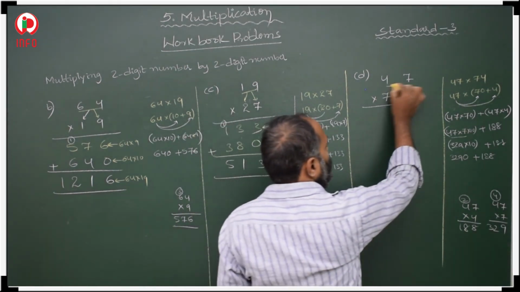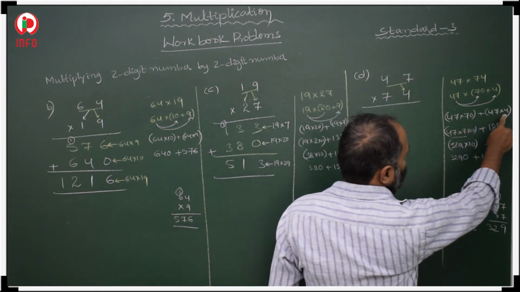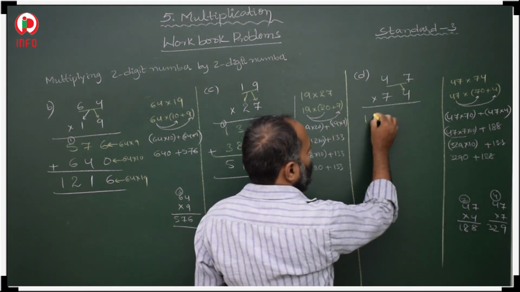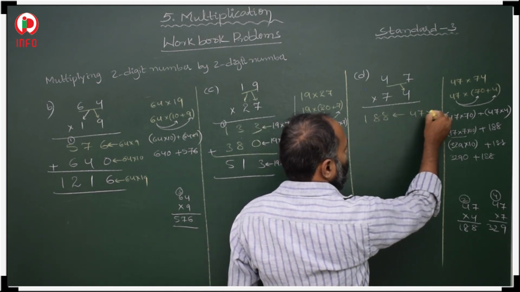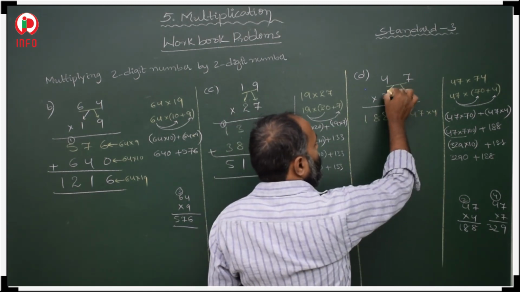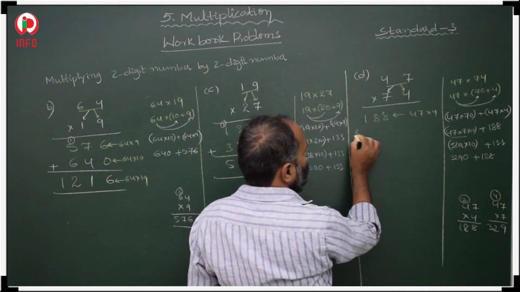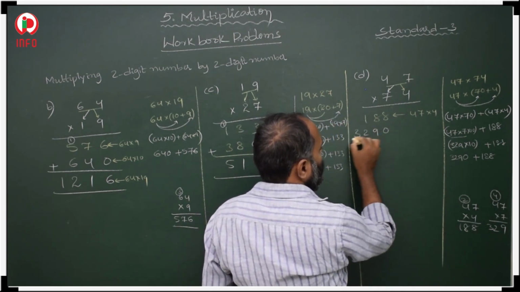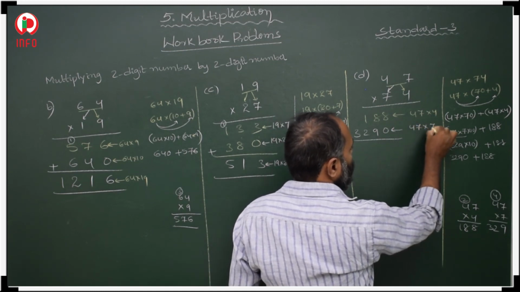First we take 47 fours, which is 188. This represents 47 into 4. Then 47 70s is 3290. It represents 47 70s.